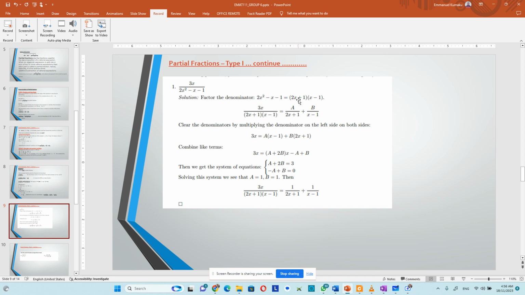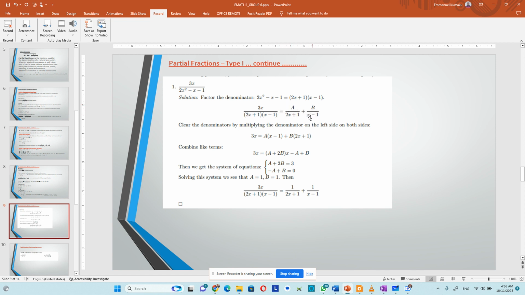Factorizing the denominator, we have (x plus 1)(2x plus 1)(x minus 1). Since they are all linear factors, they are going to have a constant as their numerator, so we represent that with a and b.